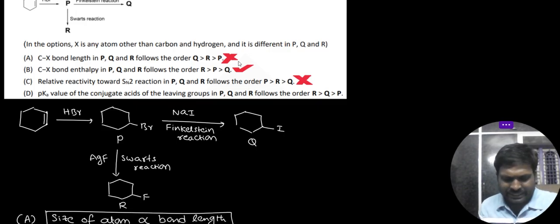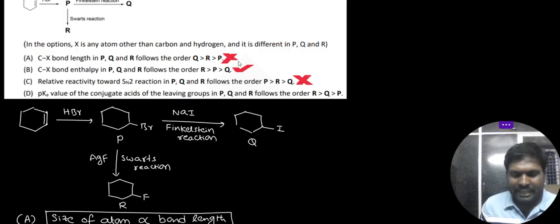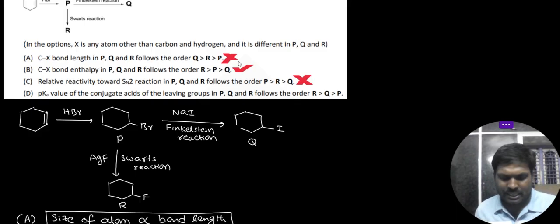Now coming to option D: pKa values of the conjugate acids of the leaving groups in P, Q and R follow the order.